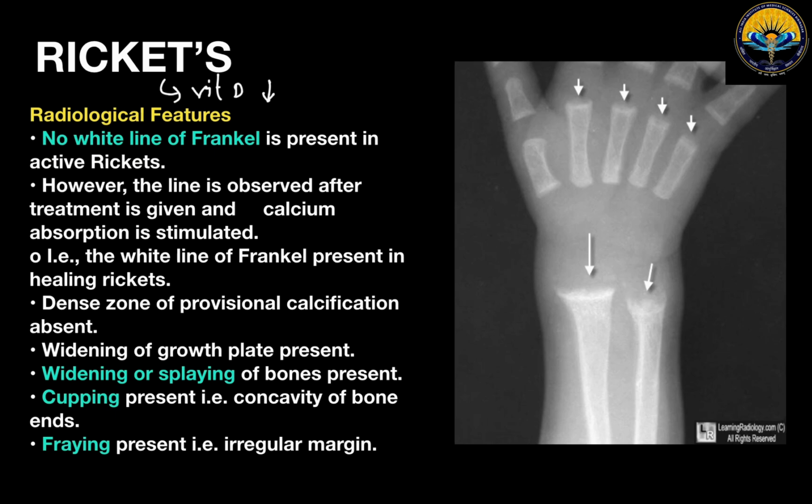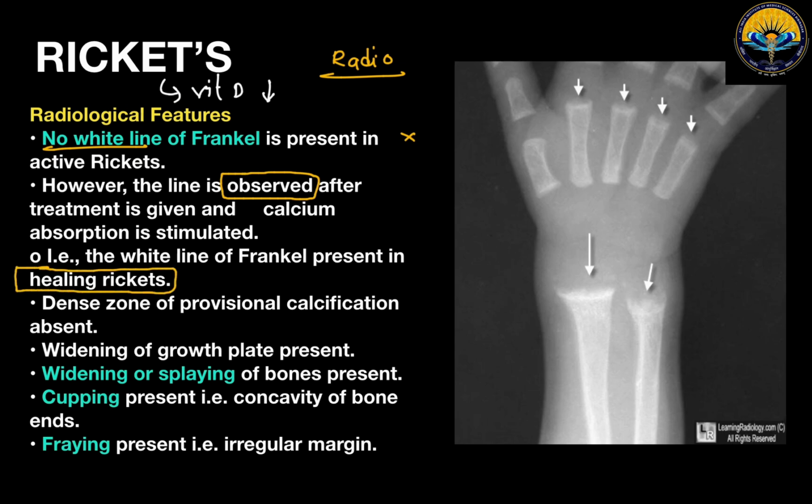So these are the clinical things to look for. But what are the radiological features? Look over here. We previously discussed that in scurvy there is a white line of Frankel, but here there is no white line of Frankel. However, the line is observed after treatment is given. So we can say the white line of Frankel is present in healing rickets.